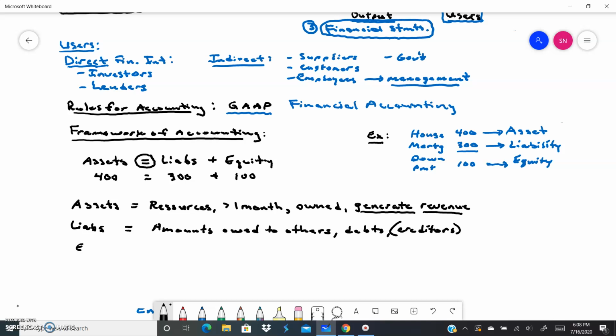Equity is the excess of assets over liabilities. So it's kind of the residual value. And equity has 4 components to it.